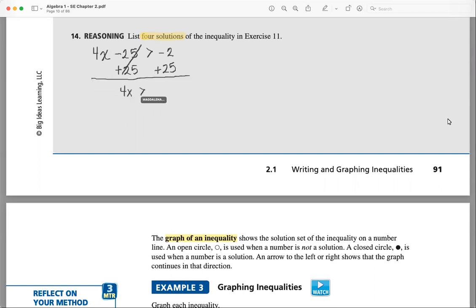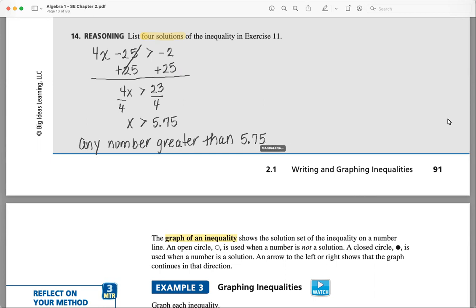4x greater than 23, divide by 4, and x is greater than 5.75. What does that mean? Any number greater than 5.75. That is the actual meaning.